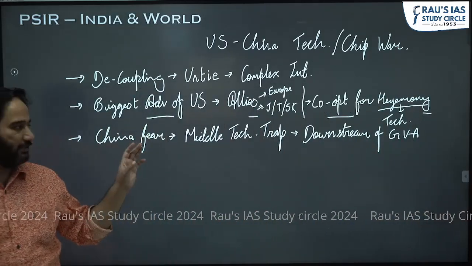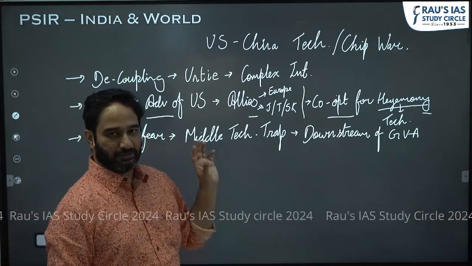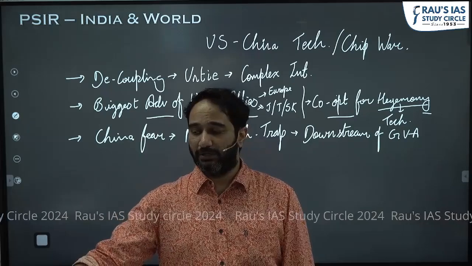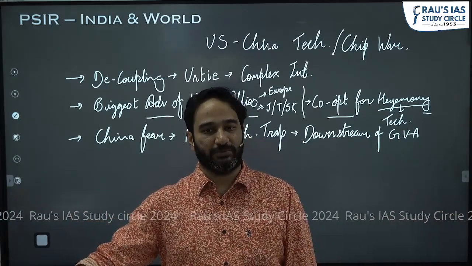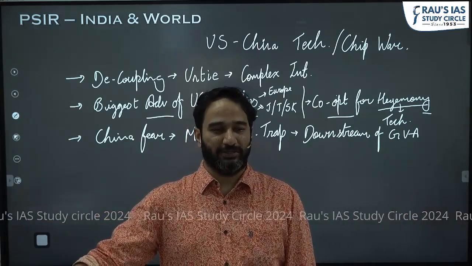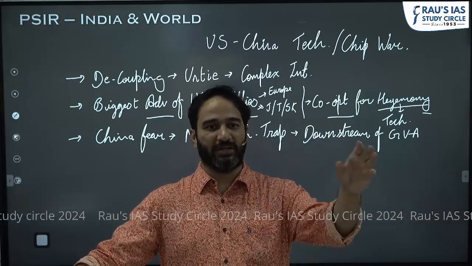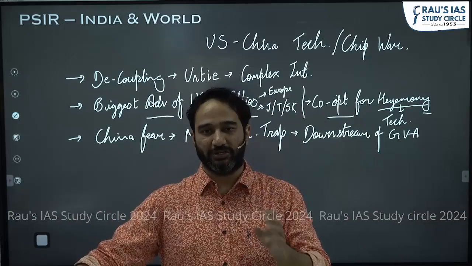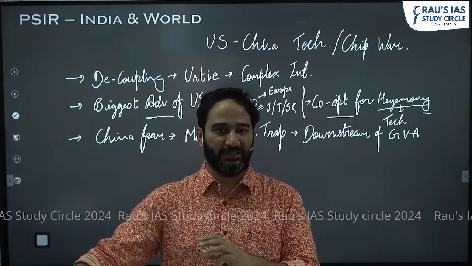What this basically does is when you are trapped in the middle technology trap, you would also be stuck in the middle income trap. Because you would become richer if you're on the top of the supply chain and not at the downstream of those supply chains.